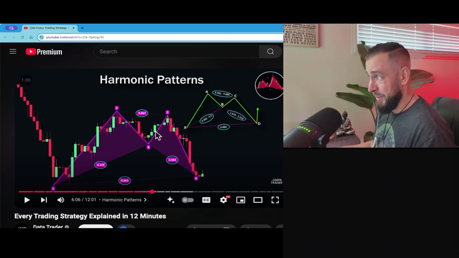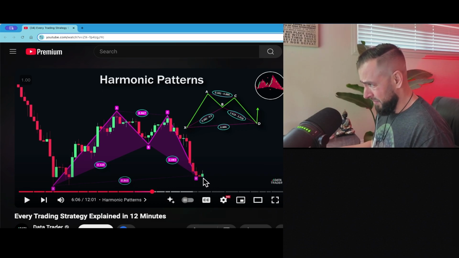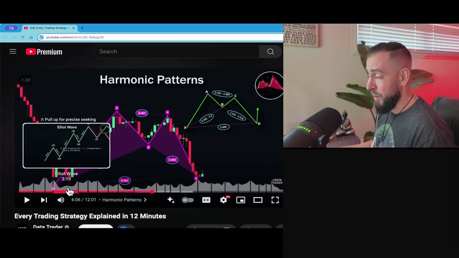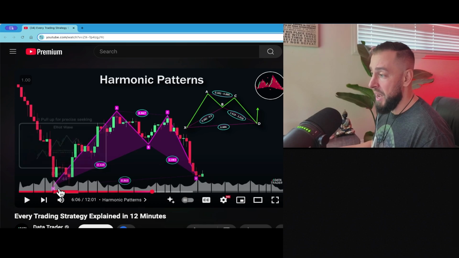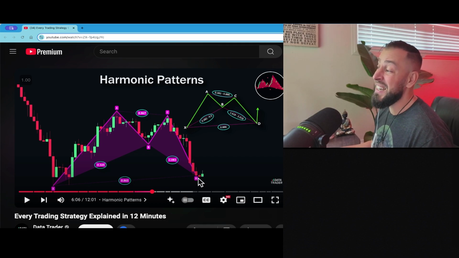So if I see this pattern, I'm going to be considering getting long down here because there was buying and there was a bottom, right? So I see a bottom here and a bottom here, and I go, man, it looks like we are trying to make another bottom here, and I'll look for an indicator that the price is indeed reversing there and consider getting long. That's one way to look at it as well.